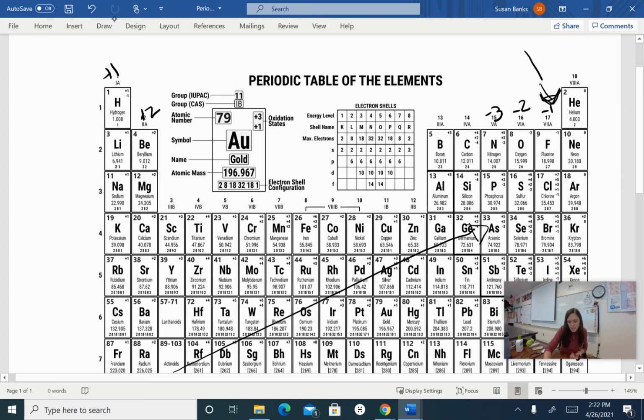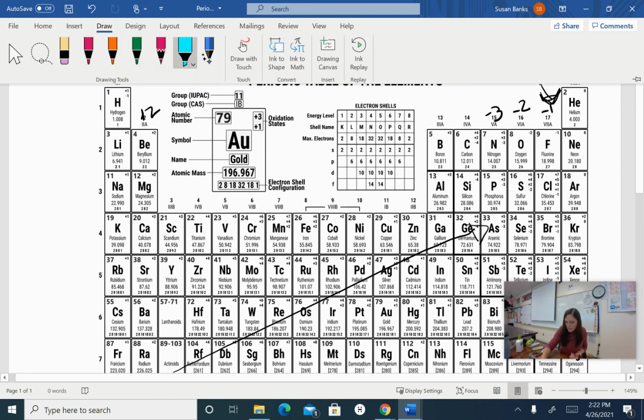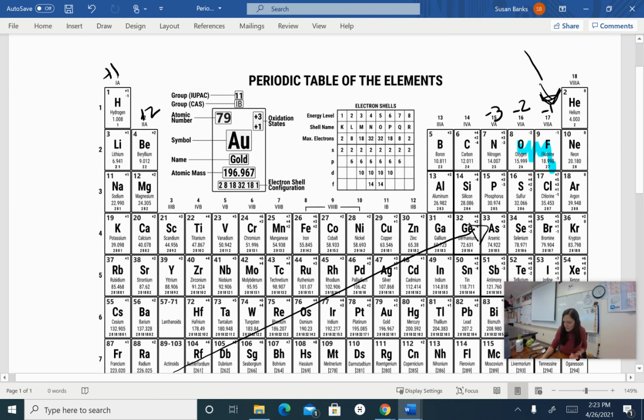So the big bad ones of electronegativity are in this corner right here, and we're usually going to assign these first. Remember, fluorine is the absolute most electronegative, so we usually start with fluorine or oxygen.